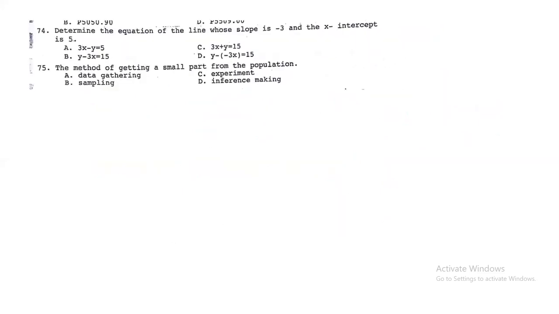So, next, 74. Determine the equation of the line whose slope is negative 3 and the x-intercept is 5. How do we do this, guys? This is just analytic geometry. When we have a slope and an x-intercept, the formula we use is y is equals to mx plus b. Substituting the slope, y is equals to negative 3x plus b.